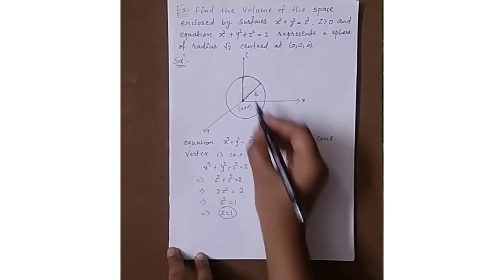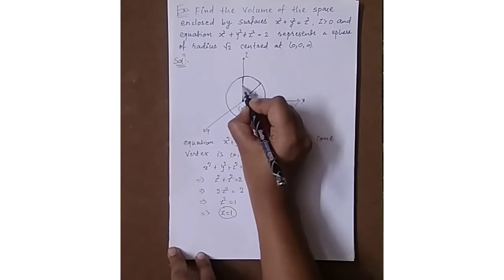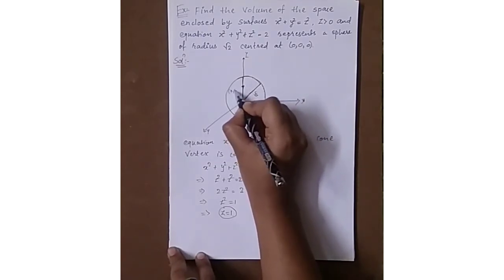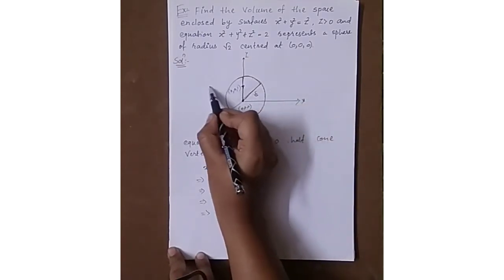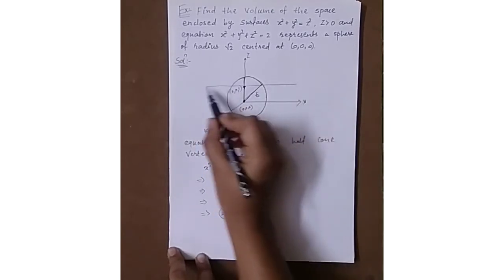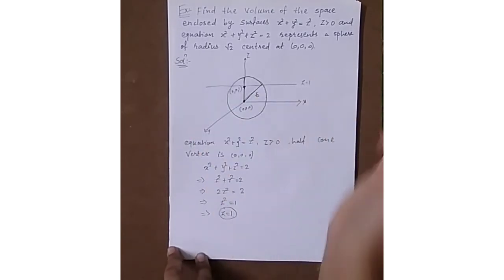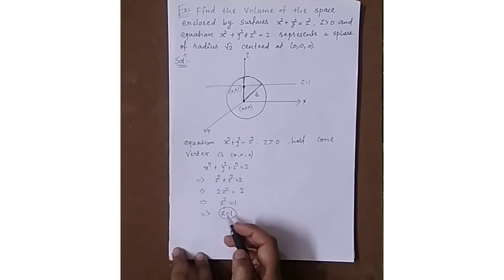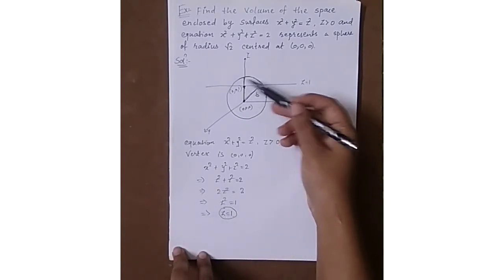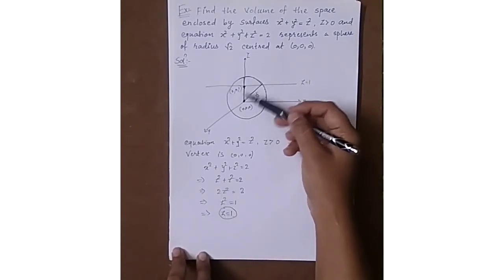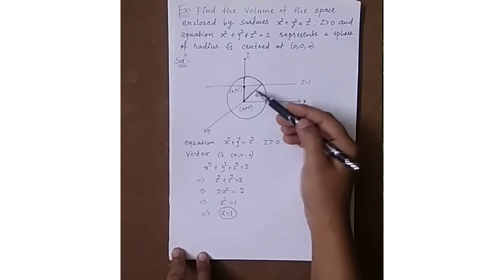But what is z is equal to 1? The plane. So suppose my point 0, 0, 1 is here, and this is the plane z is equal to 1. This plane and the sphere meet on a circle.